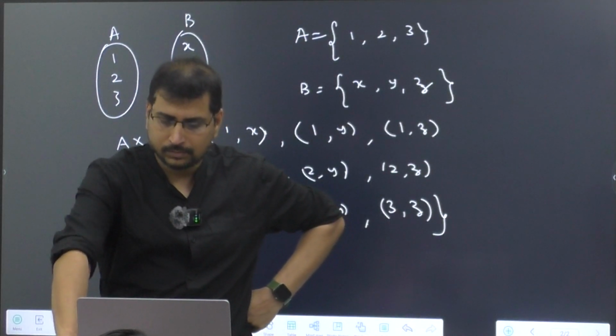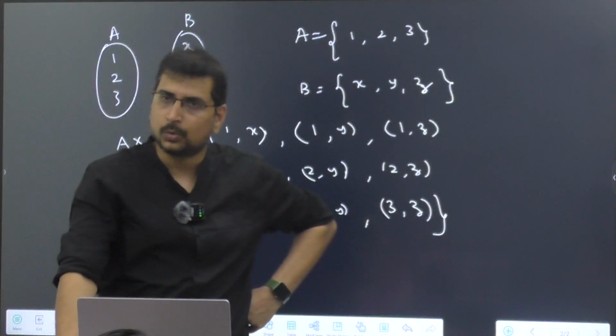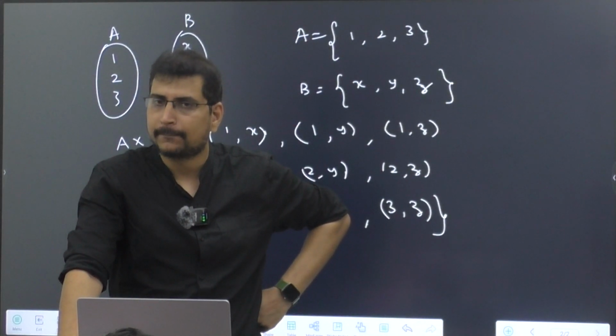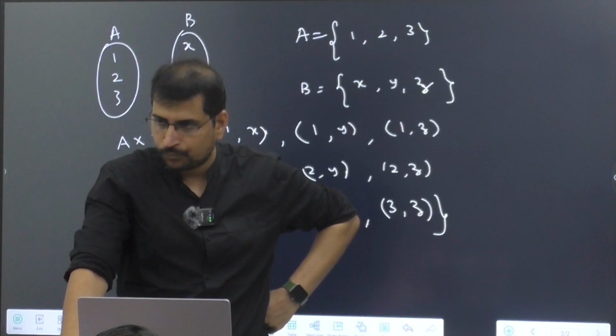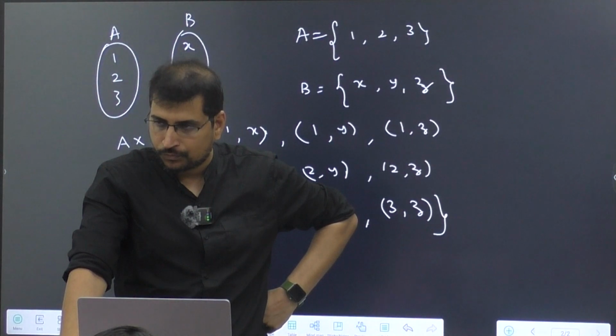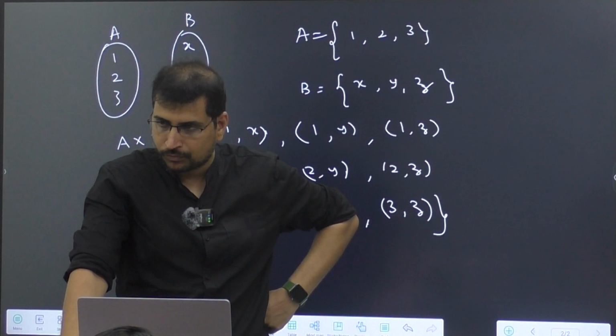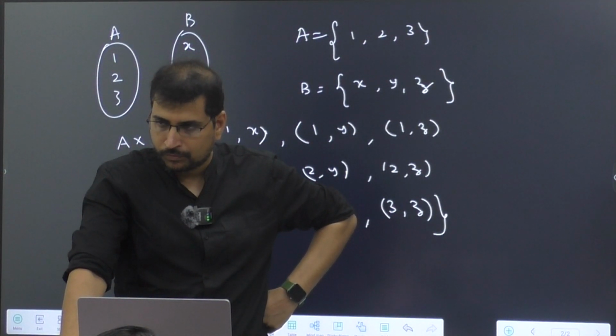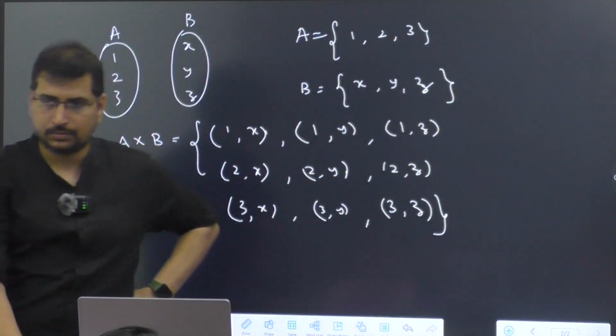Okay, that can be how two sets are related. Now, can you tell me what you are talking about? If suppose A cross B, then one is 1 and x. Sorry, we are just multiplying; here it is not actually multiplication.